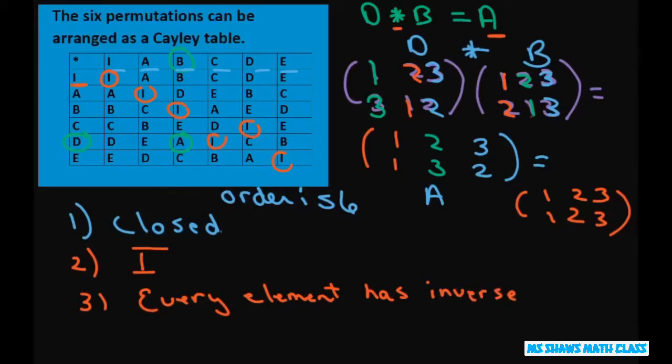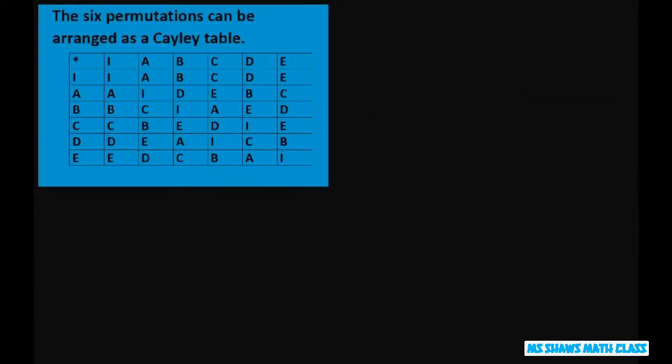And associativity is given. All right. Now there are 5 proper subgroups, so let's talk about the subgroups. The subgroups are going to be, let's put star here.